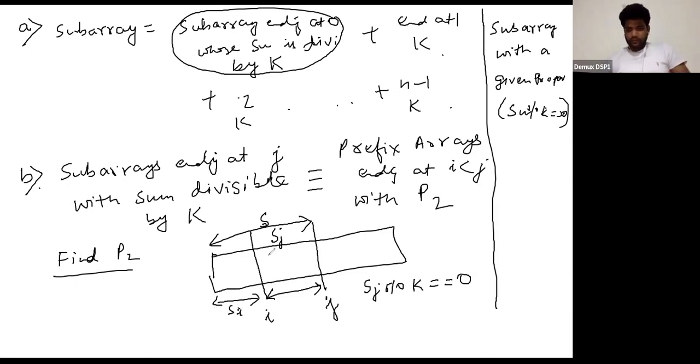Let's say s, when I divide it by k, I can write s as q1 into k plus r1. Correct? So I have done nothing but divided s by k.